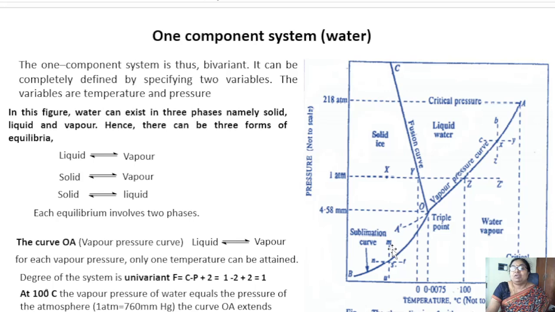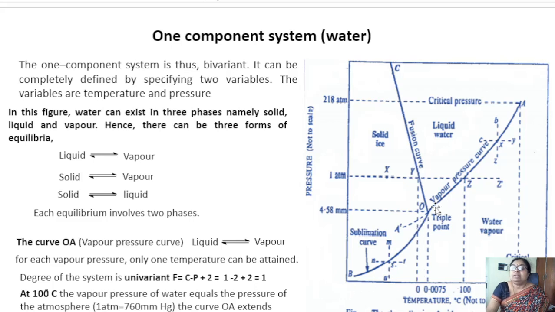Once we study the phase diagram for the water system from a thermodynamic standpoint, we see three curves: the OA curve, the OC curve and the OB curve.